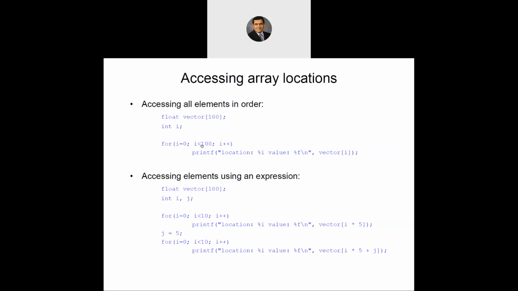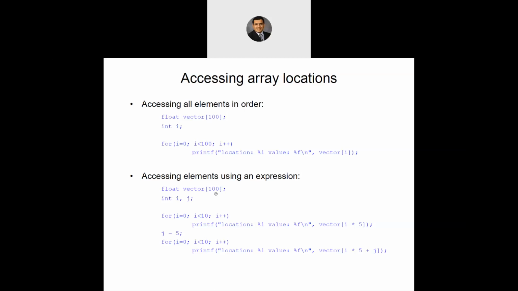Now using a for loop, I can show the value inside it. Of course, this one will not work because I have not initialized the values inside my vector array. Okay, another example, I've created an array known as vector. Again, the size is 100.